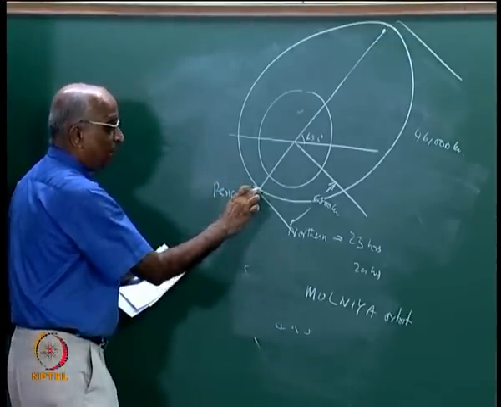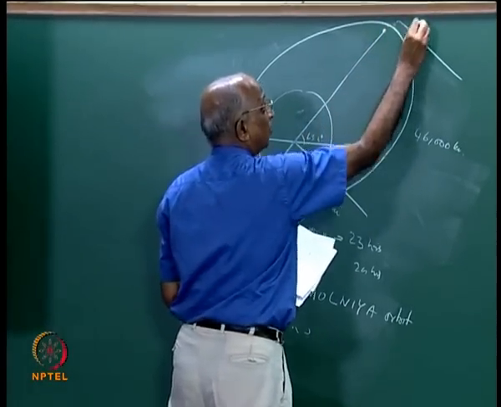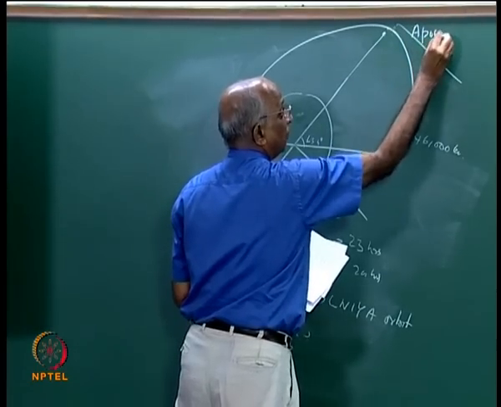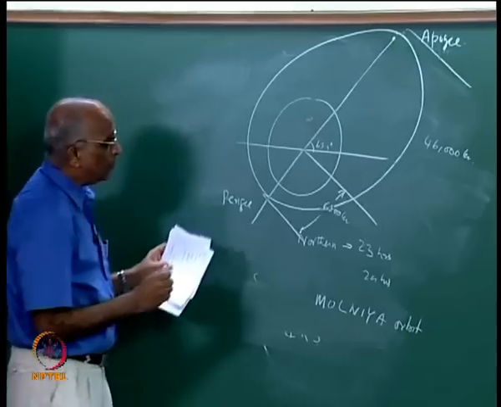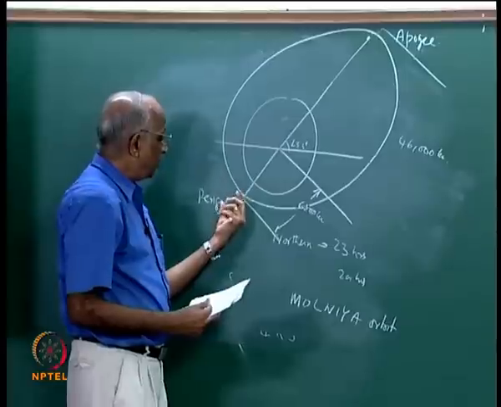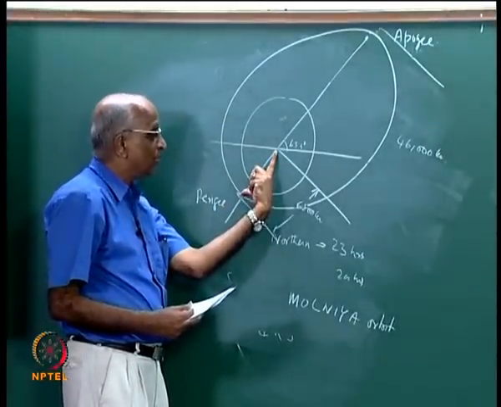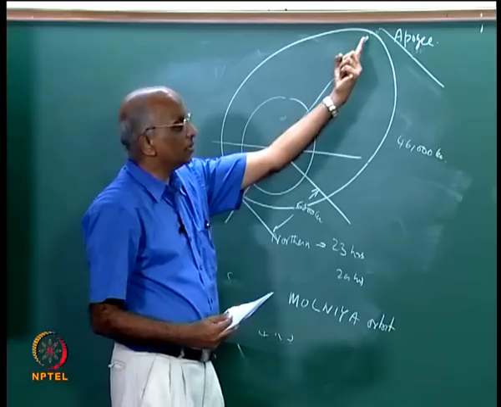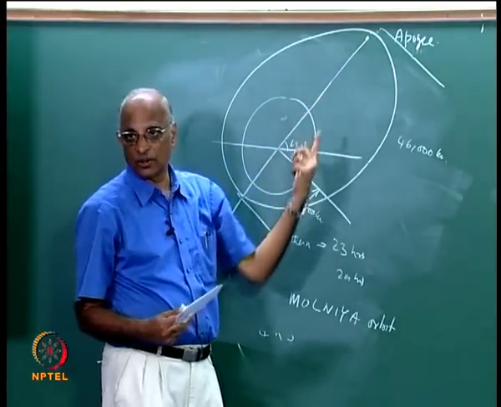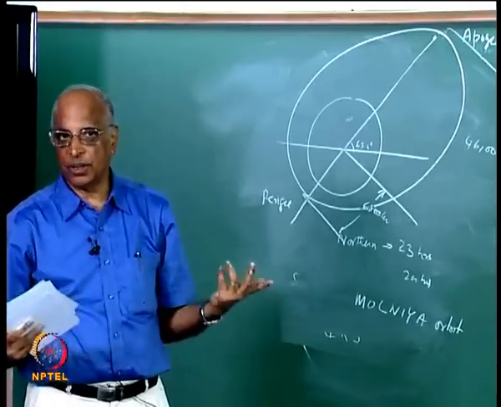That means this is the point which is nearest to the earth, and this point is away from the earth, which we call the apogee. Therefore, in an elliptical orbit we also define a perigee and apogee. Perigee is the orbital distance nearest to the center of the earth, and apogee is the farthest distance from the earth. These are for the case of orbits which are elliptical.